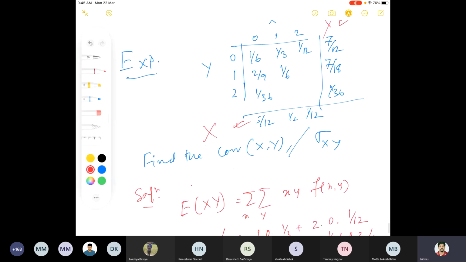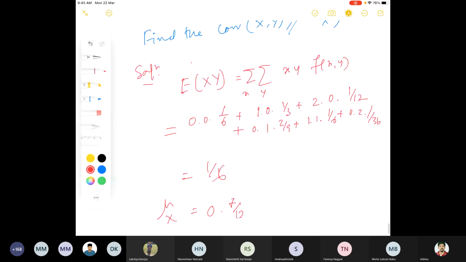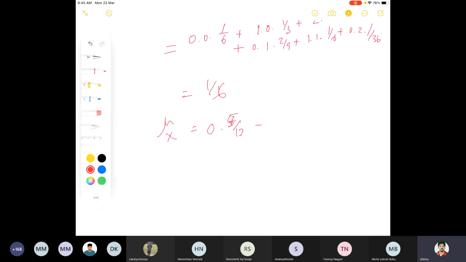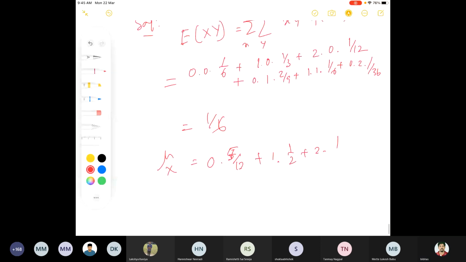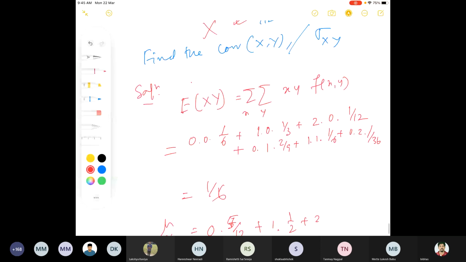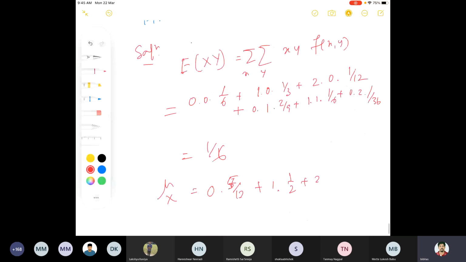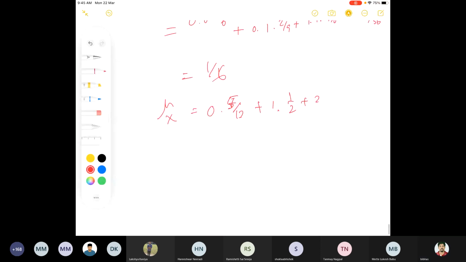So x is 0 is 5 by 12, so 0 times 5 by 12, plus 1 times half, plus 2 times 1 by 12. So this will be something like 2 by 3. And similarly, you can find mu y. And then we can find out the covariance, just taking the subtraction of the product.